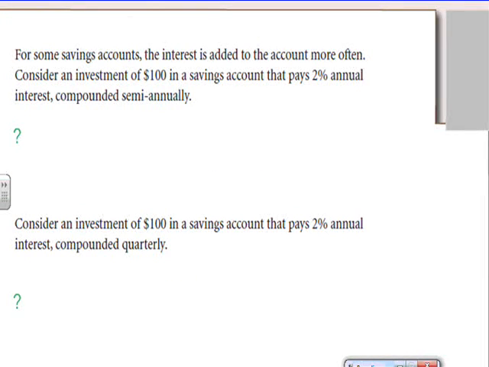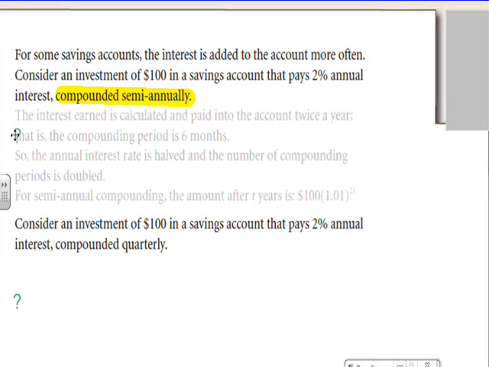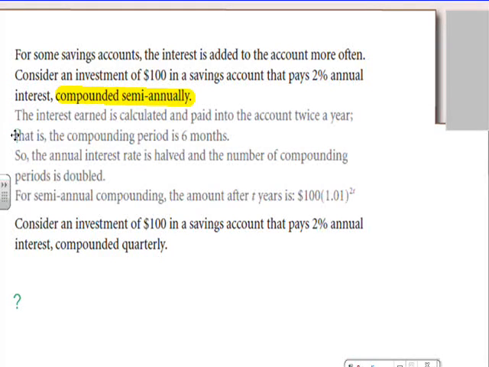But what happens if they start throwing in the interest more often than just once a year? In this case, we're looking at compounding semi-annually, which means every 6 months we're adding on the interest and doing the calculation. So what we have to do to compensate is take the rate.